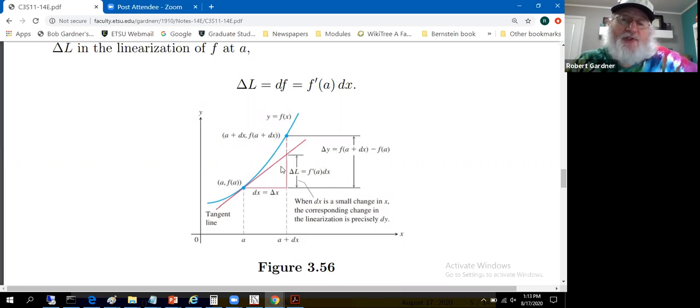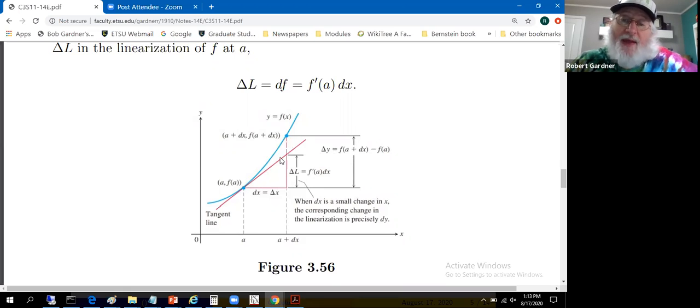Then, how much does the function change? If x changes by a little bit, I expect y to change by a little bit. That's continuity. But we're estimating the change in y, denoted with a delta y. So that's how much the function changes when x moves from a to a plus dx, or a plus delta x. The function changes by this much, denoted with a delta y. The linearization, delta L, changes by this much. It's just a rise over run thing, slope is rise over run.